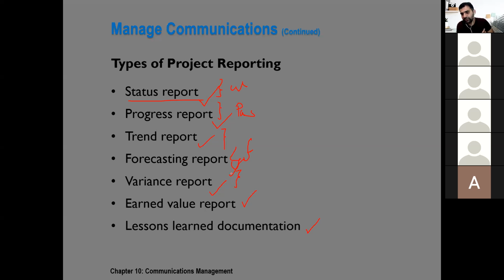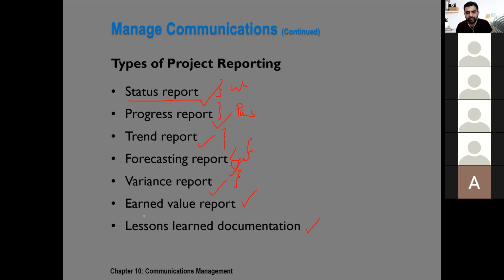Earned value report, we have already studied earned value analysis. The report related to it covers how many deliverables are completed 100%, how many are in progress, how many will be completed later, how much money is spent, how much time has passed, how much budget is left, how much contingency reserve is left, are we on track, or are we behind the schedule, or over budget, and so on and so forth.